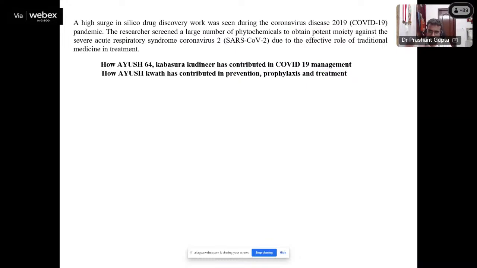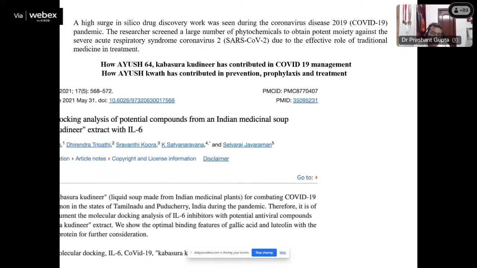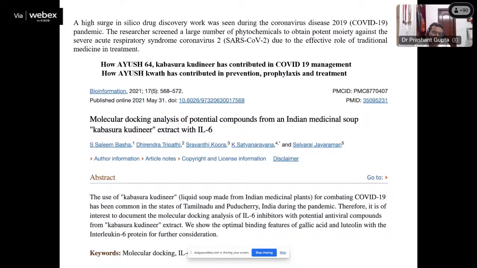So let me give you some glimpse of how this all happened. Initially, when hydroxychloroquine was proposed, it was proposed that it could work in ACE inhibition. There was also some dry, some wet lab work. Then Indian researchers also attempted, and the initial publication was a molecular docking analysis of potential compounds from an Indian medicinal soup, Kabasura Kudineer extract, with IL-6.